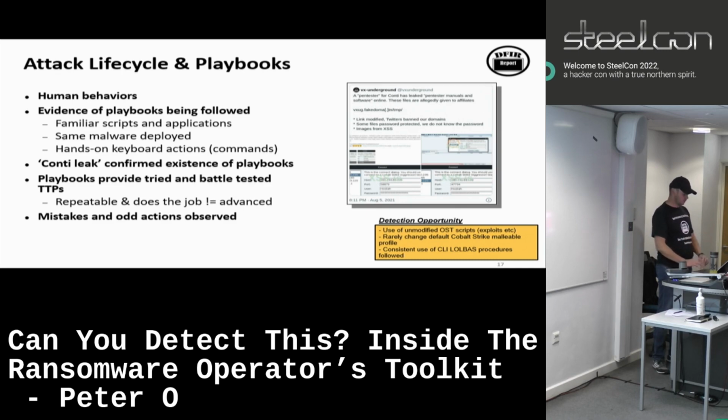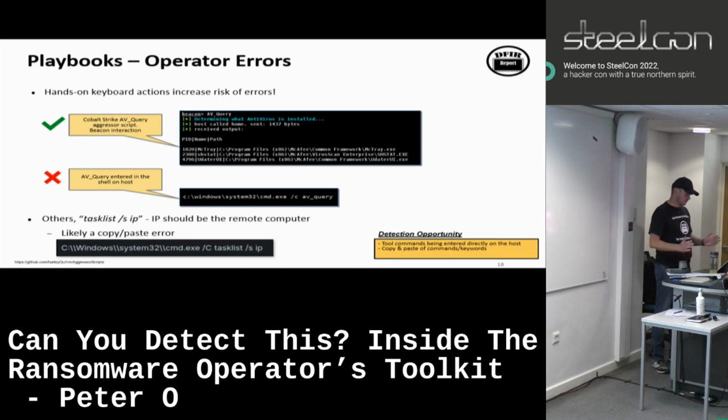So whilst the playbooks are great, and they work, and provide an easy to follow procedure, operators can still make mistakes. We've seen mistakes by operators. They tend to fall into console errors, where they've entered the wrong command, or tooling issues where things break.